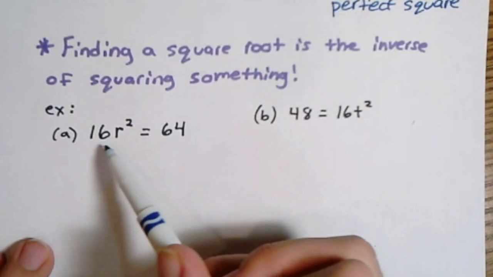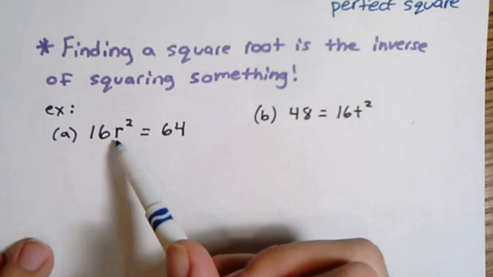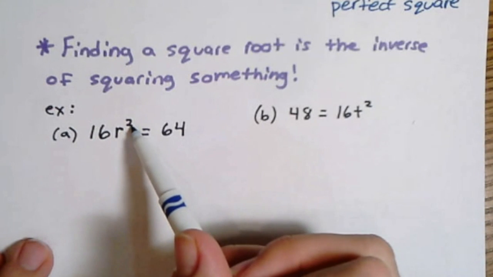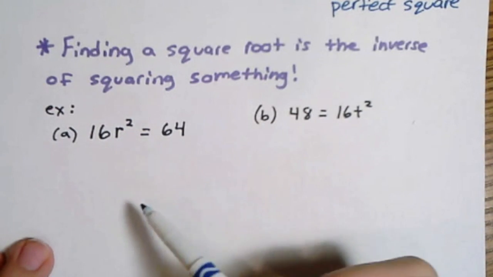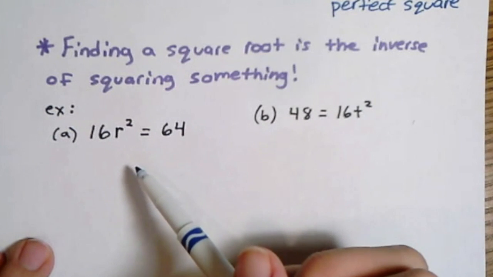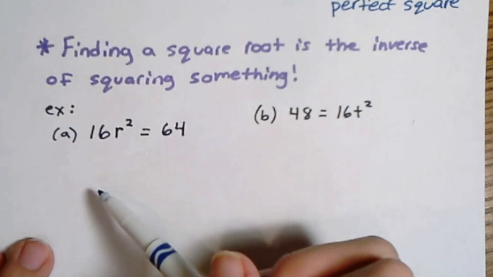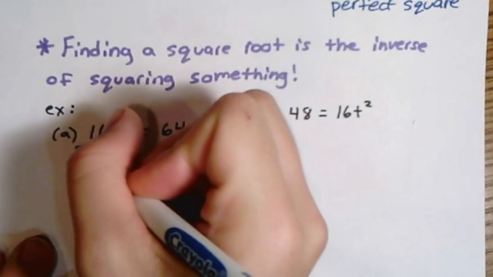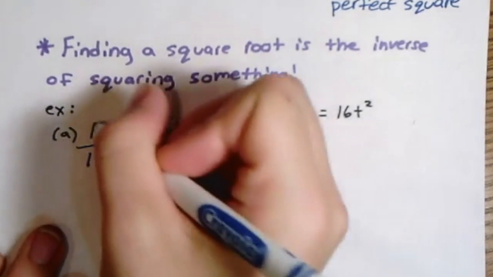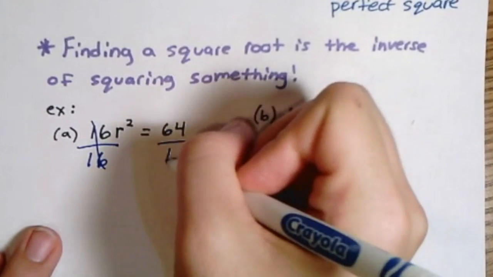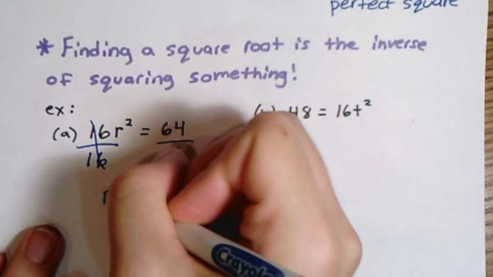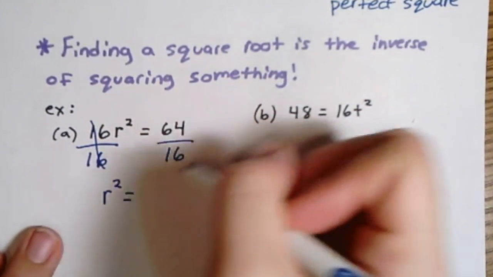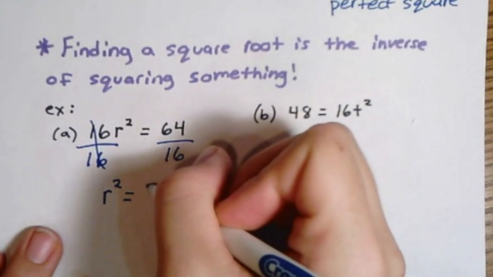Right now, r is what I want to get by itself. It is being squared, and it also is being multiplied by 16. Because I am going to undo this in the opposite order of PEMDAS, because I'm trying to get r by itself, first thing I'm going to do is divide by 16. And then I'm going to divide by 16. So what's left is r squared equals 64 divided by 16, which is 4.